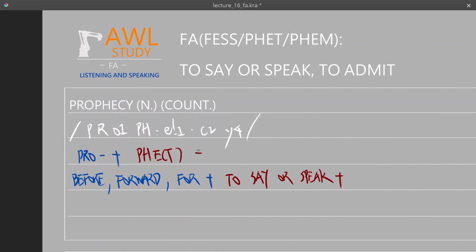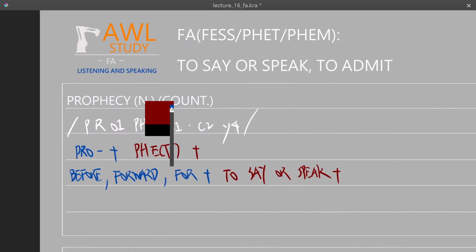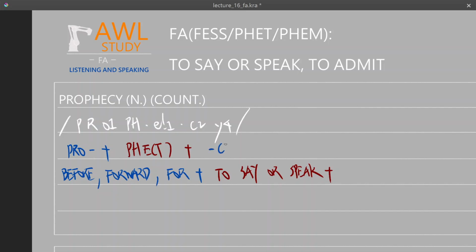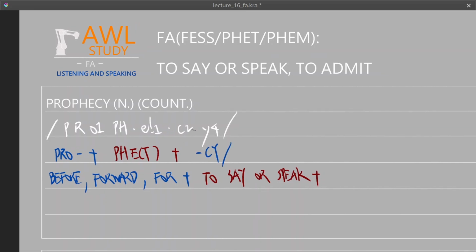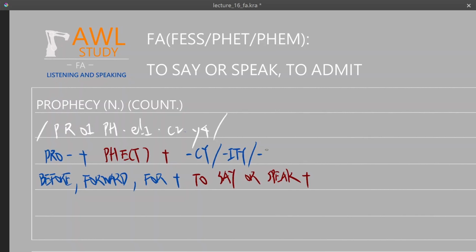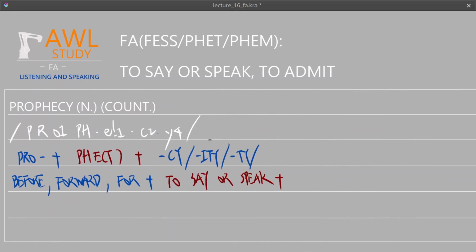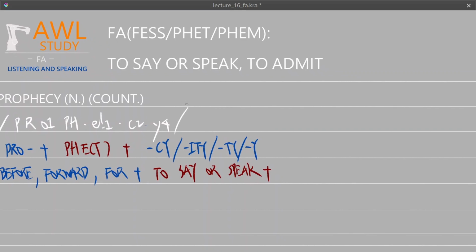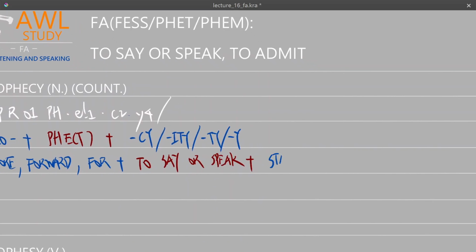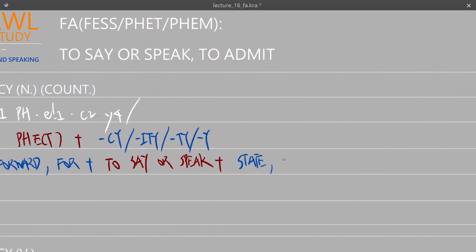And lastly, we have the noun suffix cy, a variant of ty, or simply y, meaning state, condition, or quality.